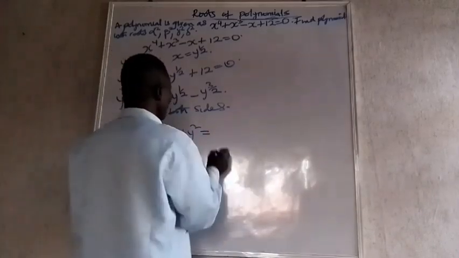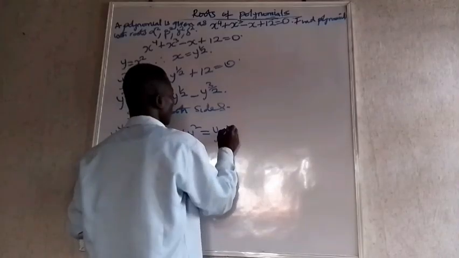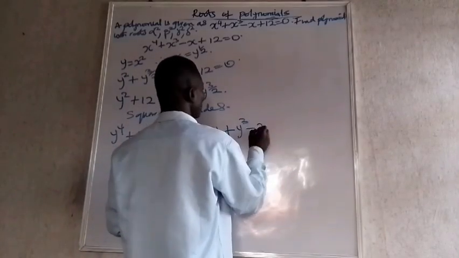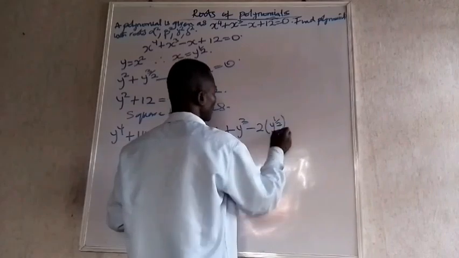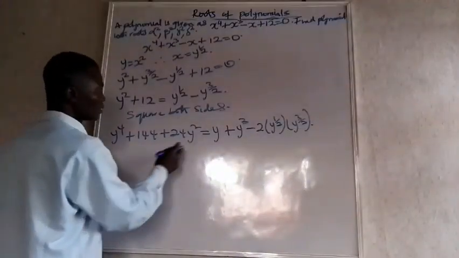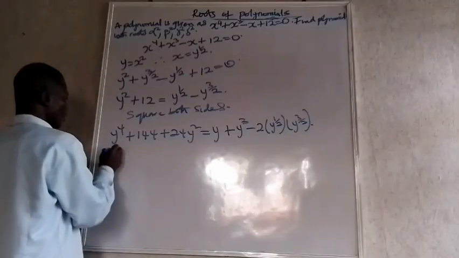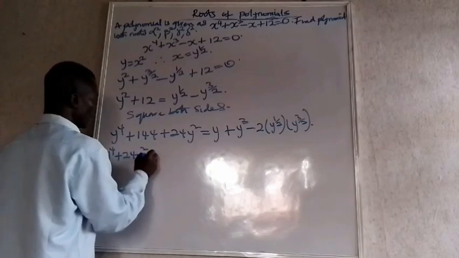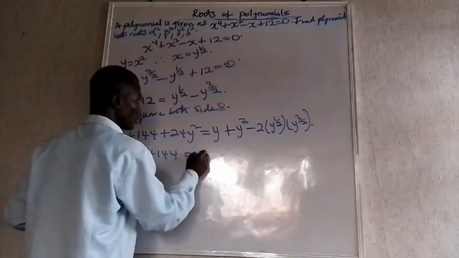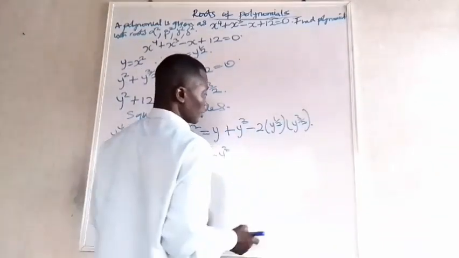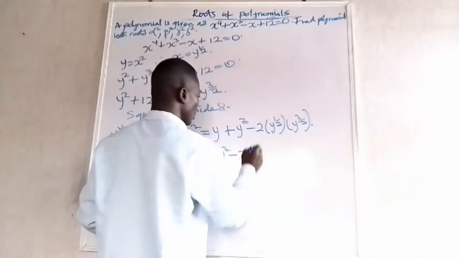Squaring this side, we are going to have y plus y cubed minus 2 into y raised to the power half into y raised to the power 3 over 2. So this gives y raised to the power 4 plus 24y squared plus 144 is equal to y plus y cubed. When you add these powers, you are going to have minus 2y squared.